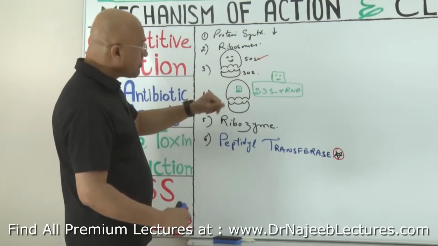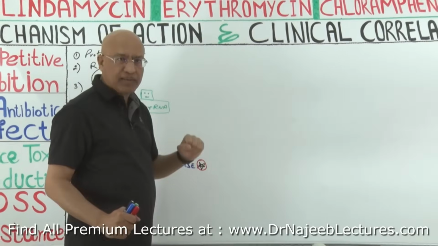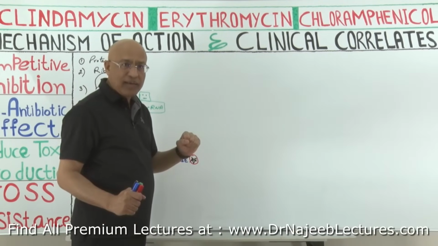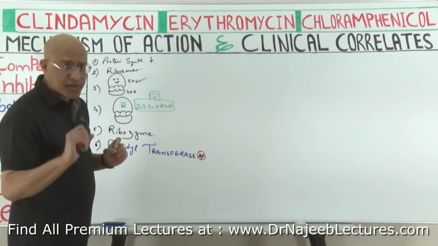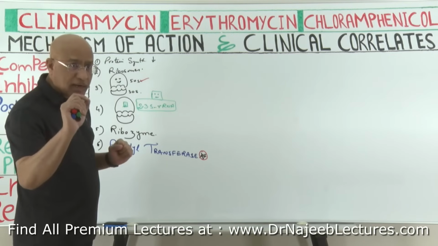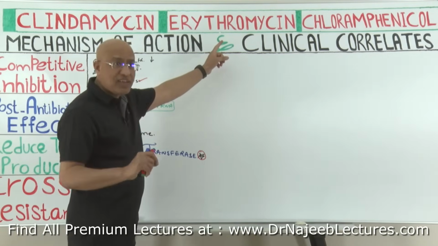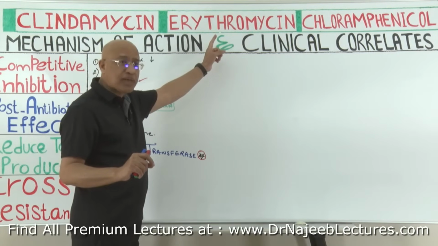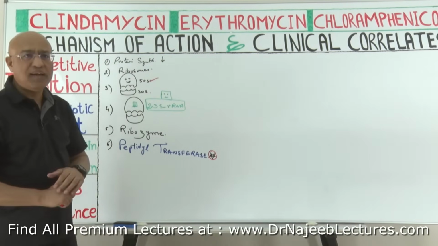For example, if a staphylococcus is resistant to erythromycin, right, due to ribosomal alteration, the erythromycin target domain in the ribosome is altered, we will see that in such bacteria, even clindamycin will fail.